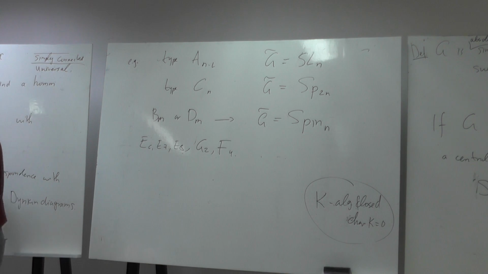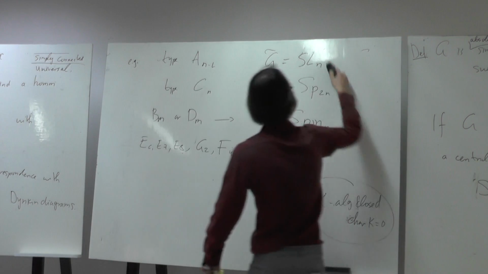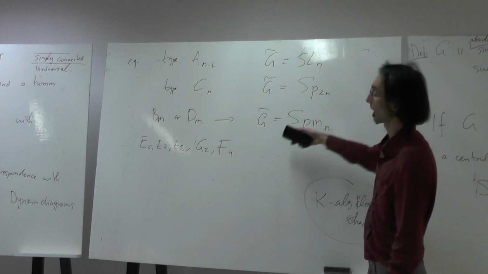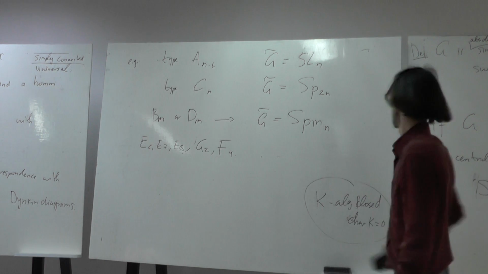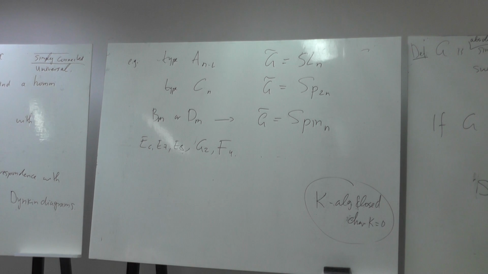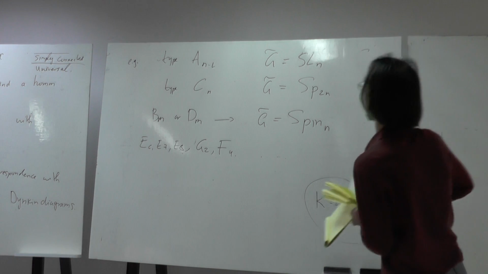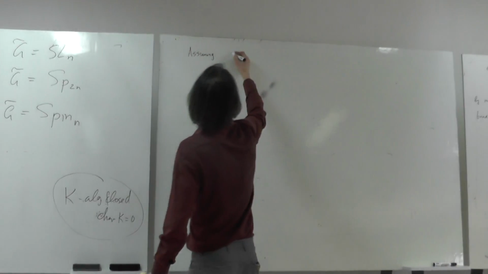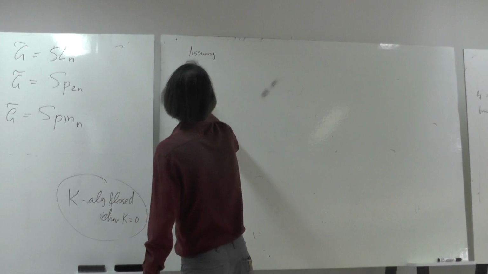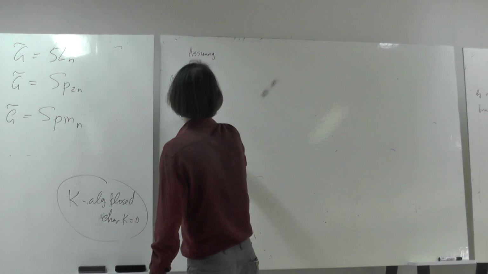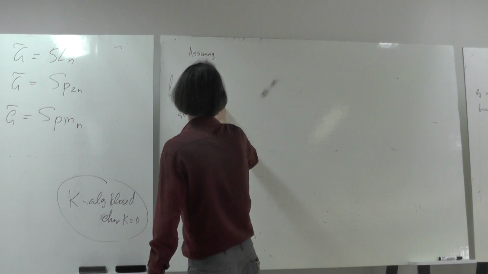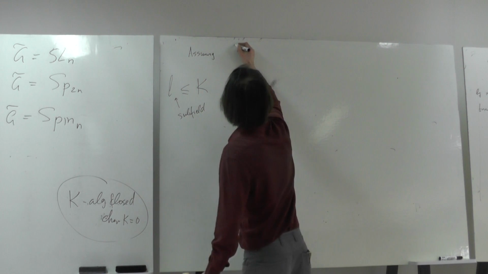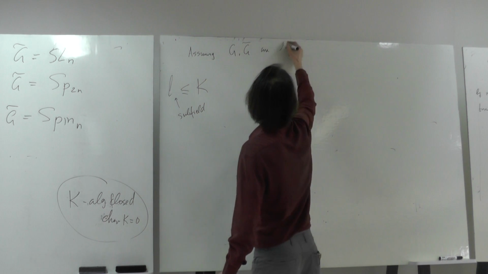In fact, the canonical definition of them is that they are defined over Q. So assuming now L is a subfield, and assuming that G and G tilde are L-defined.